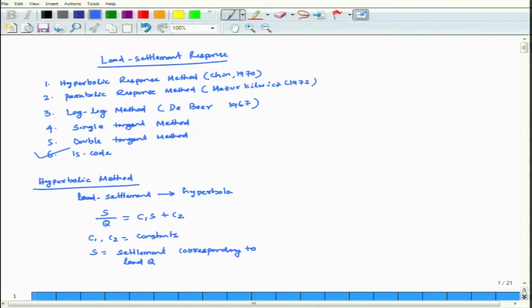From the load settlement data you plot S by Q versus S. If I plot settlement versus S by Q, it should be a straight line.